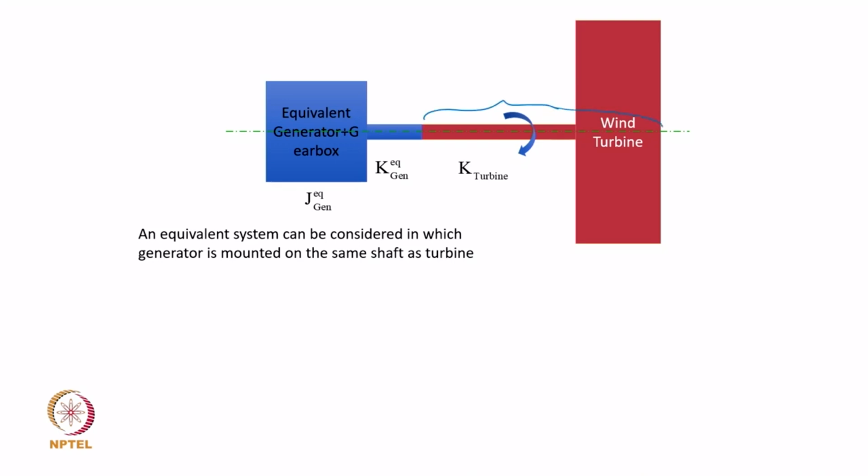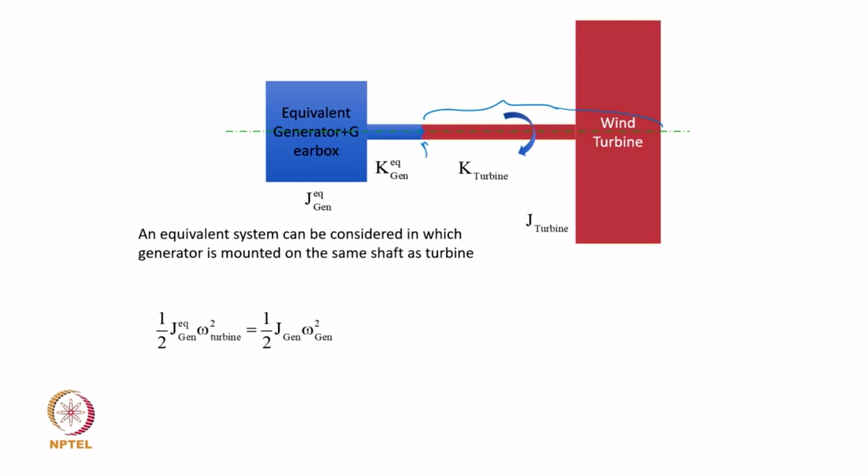So, the wind turbine inertia remains the same as the original one, and the stiffness of the wind turbine shaft remains the same, because the gearbox is somewhere here. Okay. So, beyond that there was a step change in the property, and that is how we are going to see how that can be obtained.